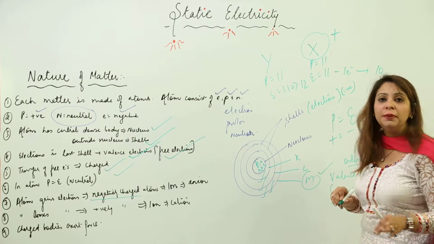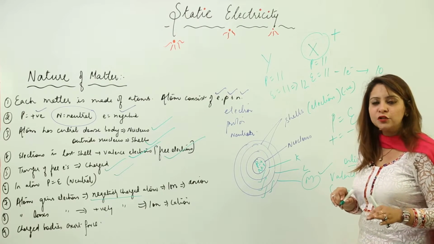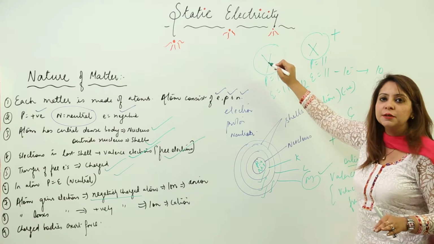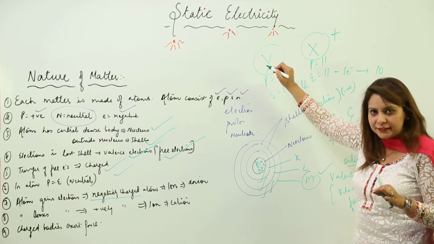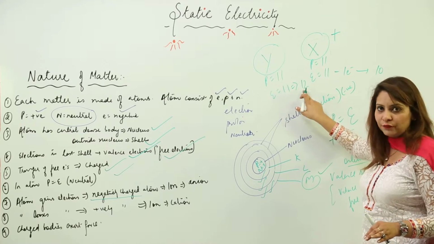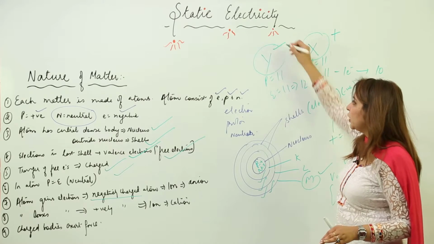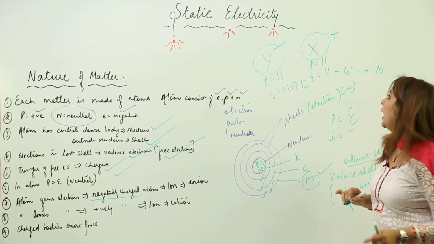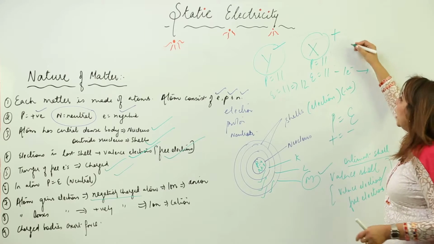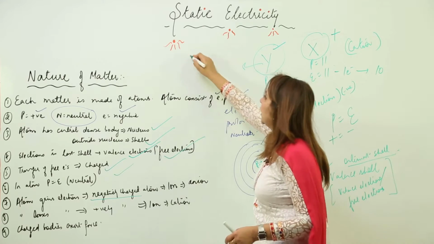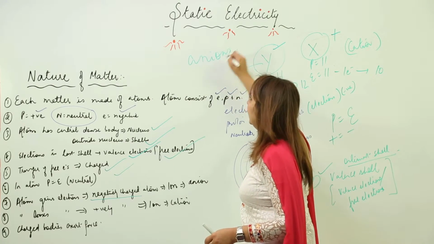Now which number is bigger? Obviously electrons. So it will no longer remain an atom, it will become a charged body, that is an ion, with a negative charge, because the negative charge number is more. Positively charged atoms are called cations, and negatively charged atoms are called anions.